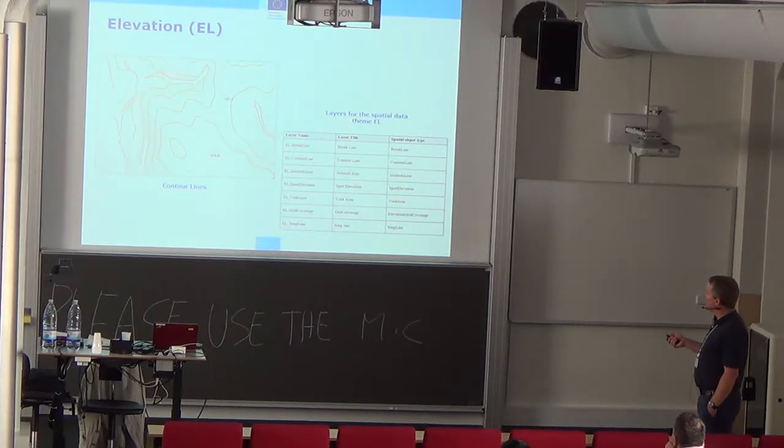Again, I think it came from the same geoportal. Here we have a representation as contour lines. So it's a vector representation, and here are the layers actually defined for the theme elevation.